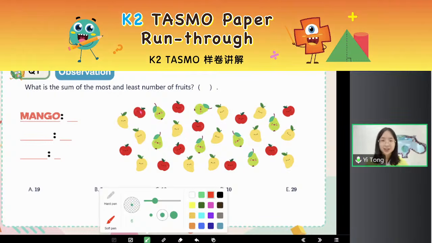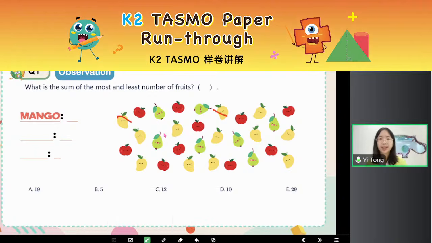So we can count 1, 2, 3, 4, 5, 6, 7, 8, 9, 10, 11, 12. Can you type in the chat how many mangoes are there? Wow, amazing. So the answer is 12 for mango.